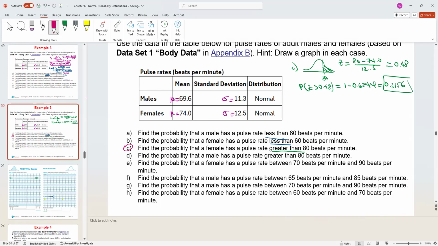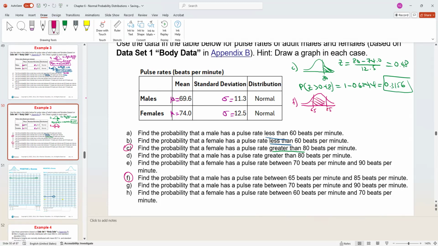Let's do male between. Let's do F, because if I do one, I'm pretty sure you can do the other ones. Now, the goal for doing F, first of all, this is our normal curve. That would be done between 65 and 85.